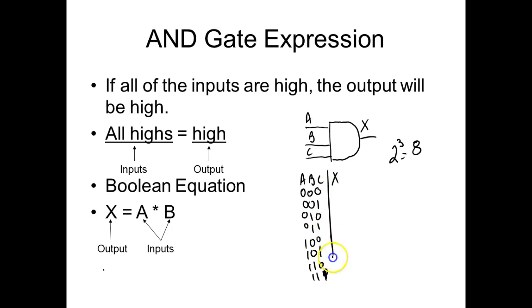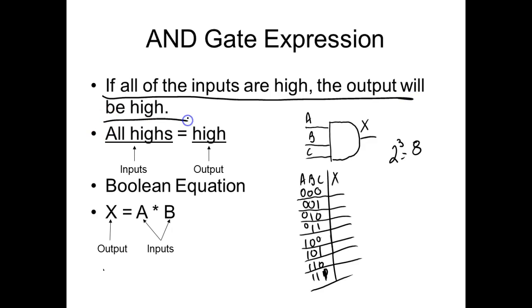So what would the output be for this first combination? It's an AND gate. All inputs have to be high, or all inputs have to be 1, to get a 1. So is all inputs high? No, so what would the output be? 0, right? Is all inputs high?